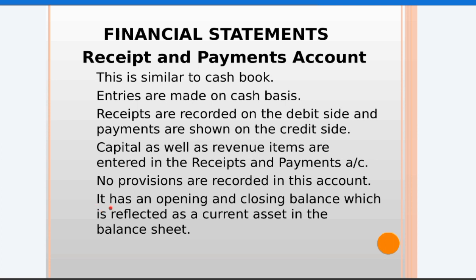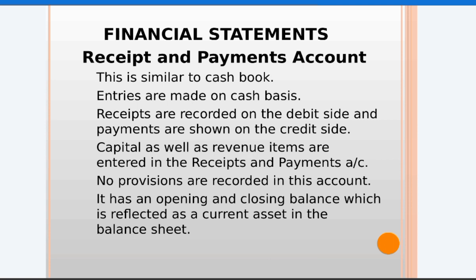And we also say that this account has an opening and closing balance, which should be reflected as current assets in the balance sheet. So at the end of the day, you will have the balances in this account, and since we have said we only record cash transactions, it will always have a debit balance.